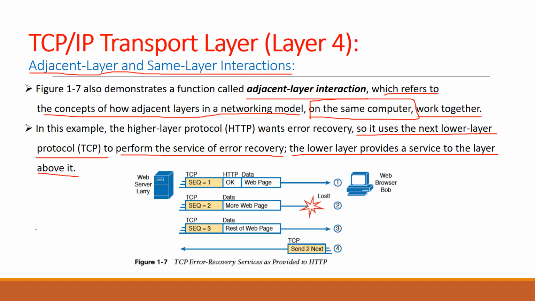So to be sure that all the data are received successfully, the application layer requests a service from the transport layer, and one of these services is error recovery, which is accomplished by the protocol that works at the transport layer, called TCP, or Transmission Control Protocol.